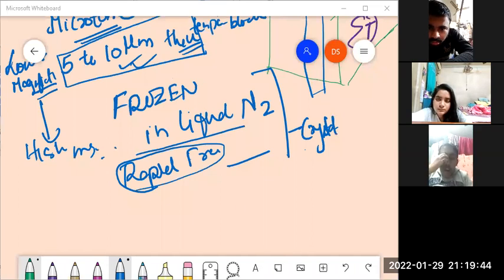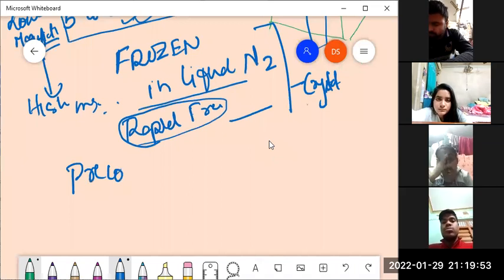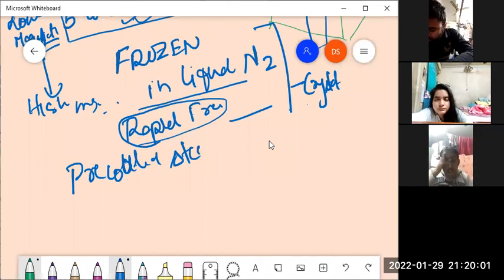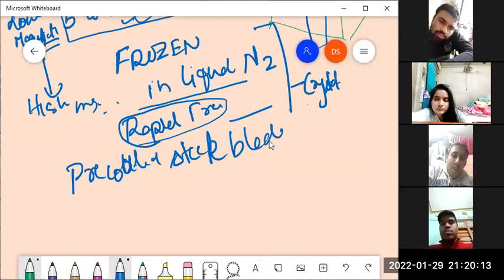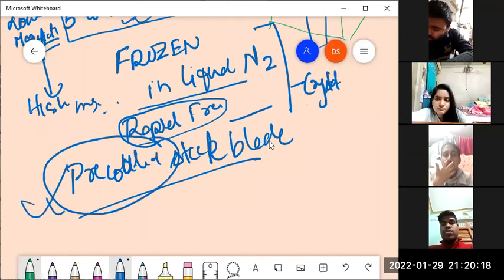Okay, so in the cryostat, what do we do? We use a pre-cooled steel blade. Why do we use a pre-cooled steel blade? Because the temperature is never allowed to rise between the steps of embedding and sectioning. Understood why that steel blade needs to be pre-cooled?